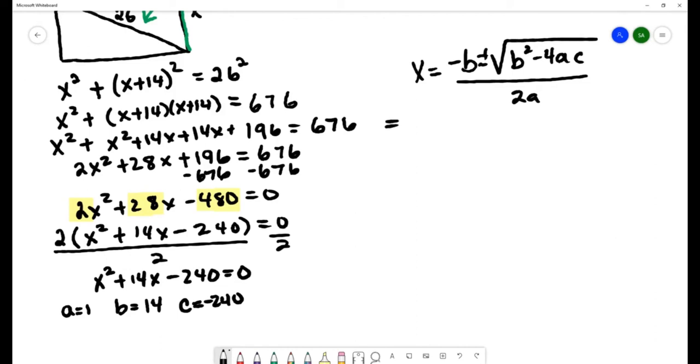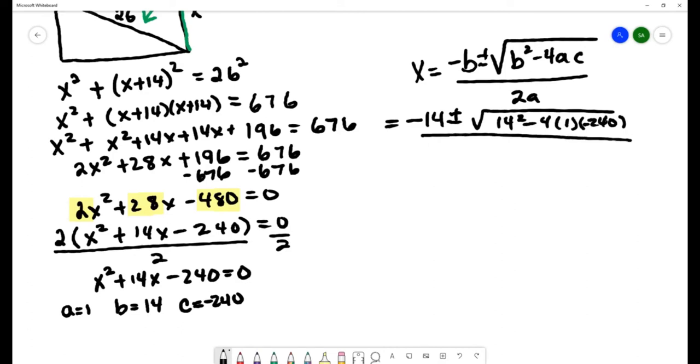So let's start substituting this a, b, and c into the formula, and that will give negative 14 plus or minus the square root of 14 squared minus 4 times 1 times 240. That's going to be a negative 240, all over 2 times 1.